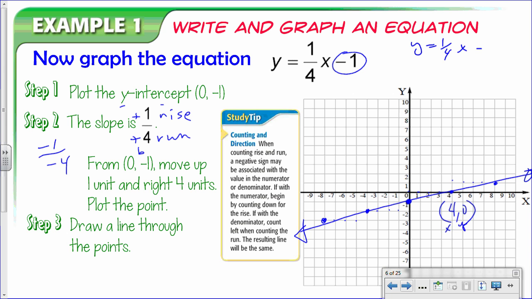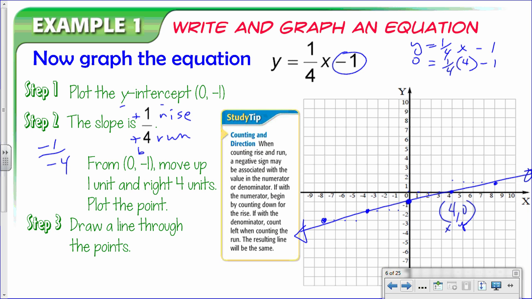Watch this. Put 0 in for your y. What am I going to put in for x? What should happen? What should occur here? The left side should equal the right side.